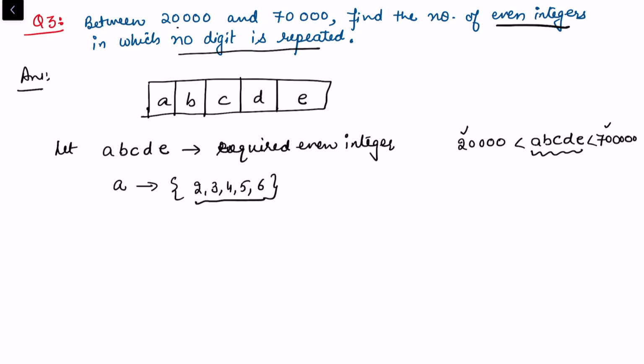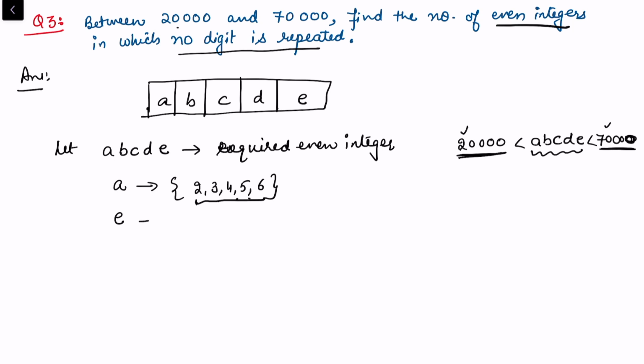Because if you start any number with 1 and then create 5 digits without repetition, this number will not be greater than 20,000. So the only choices are 2, 3, 4, 5, 6, and since it is below 70,000, it cannot be larger than that. So these are the possible choices for A.